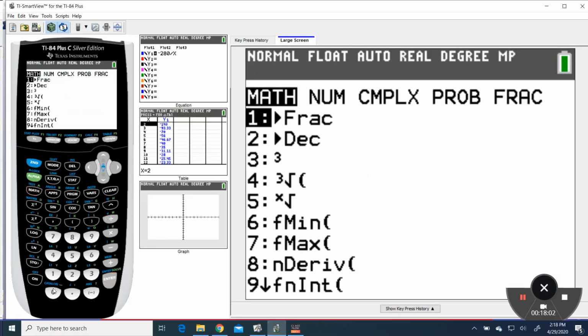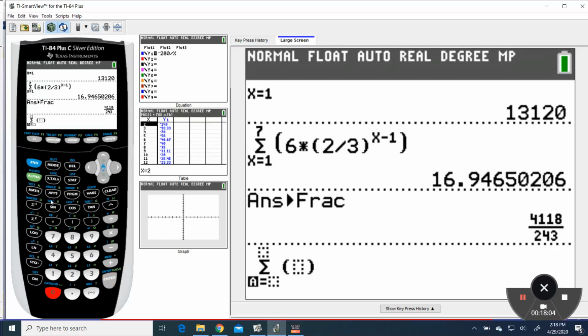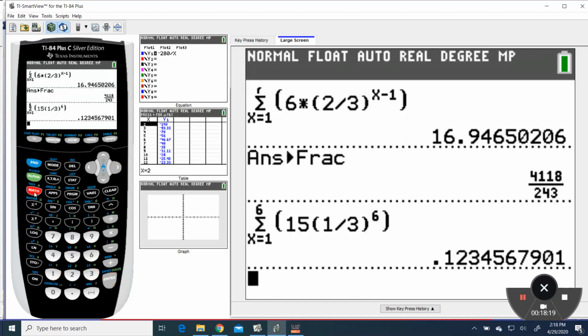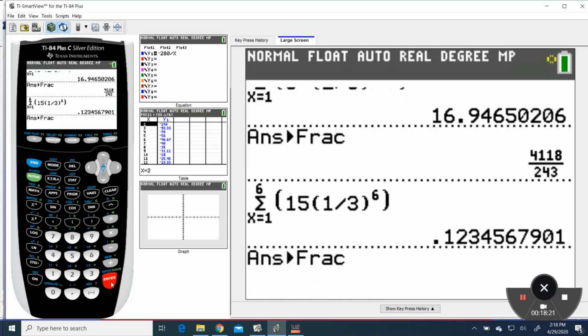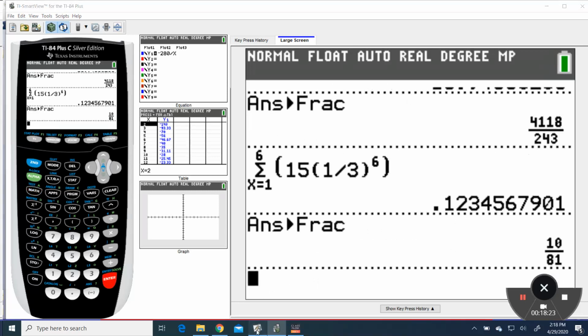So math, 0, x, 1, 6, 15, 1 divided by 3 to the 6th term. Math, enter, enter. 10 over 81.